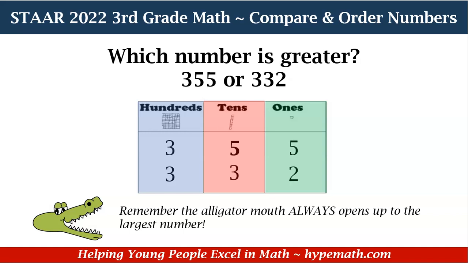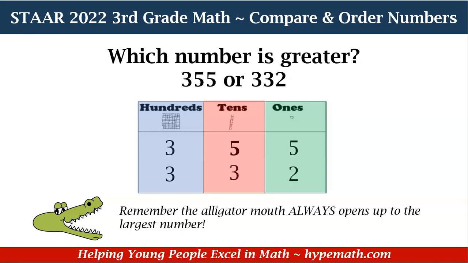So our next step will be starting from the left, okay? The greatest value, which is the hundreds place in this example. Well, when we look at the hundreds place, what do we notice? That both of the values in the hundreds place are a 3.